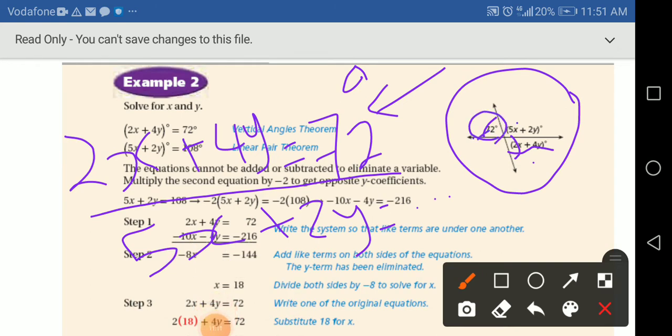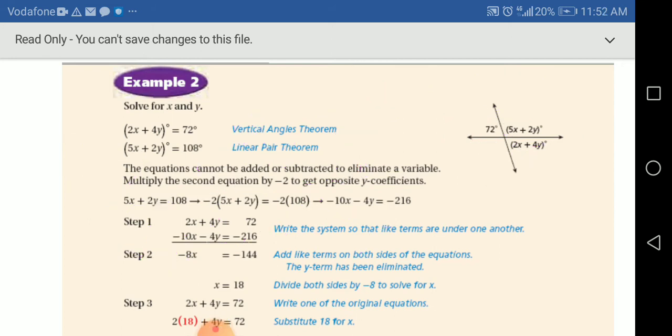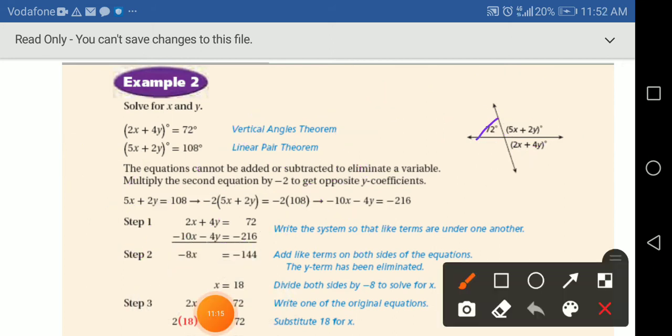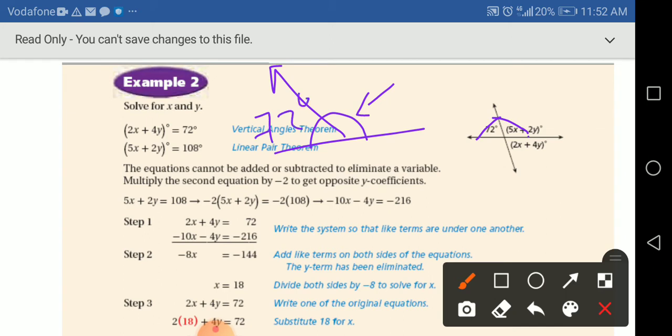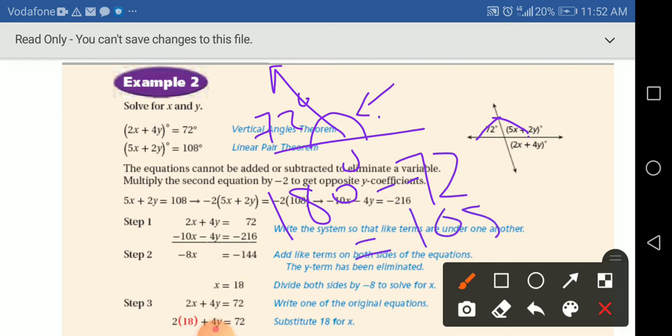What about this one? Let's clear again to make it more clear for you. I have this angle 72. What about this angle, guys? It's very easy. Linear pair theorem. Remember when I have this? So supplementary, this is 72, so this will be 180 minus 72 degrees, so it will be 108.